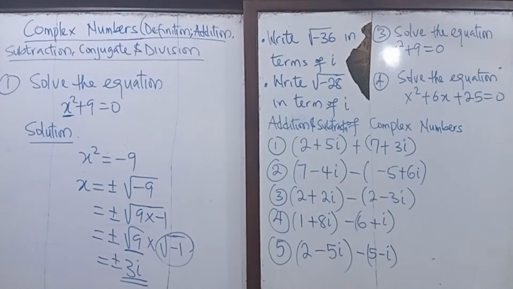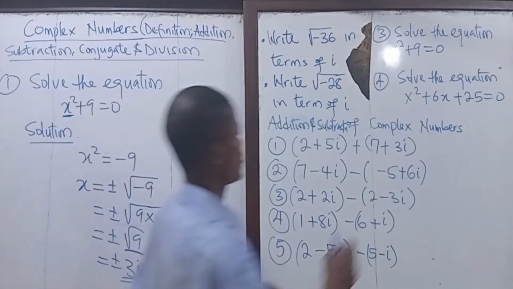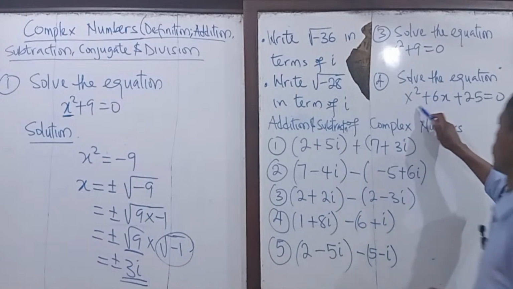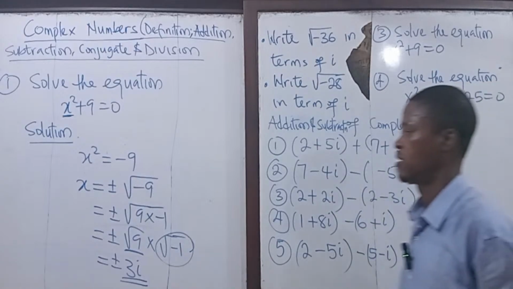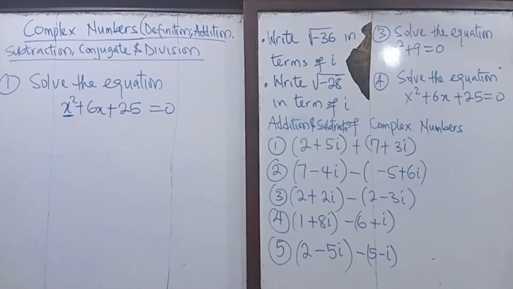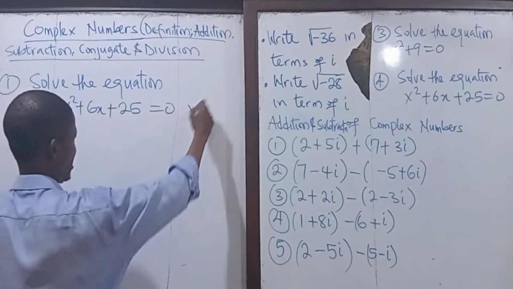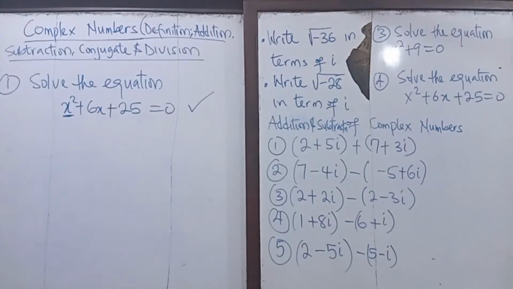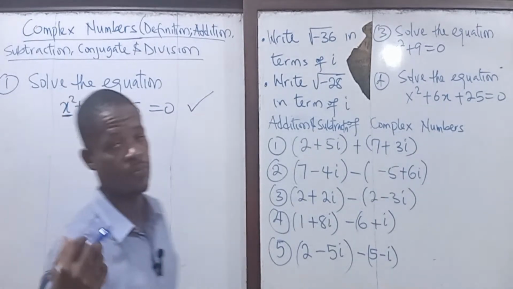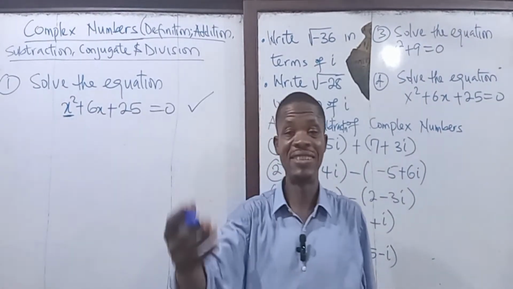Let's see the second one. Solve the equation x squared plus 6x plus 25 equals 0. This is a quadratic equation. We can use the quadratic formula to solve it, or we can use the completing the square method.